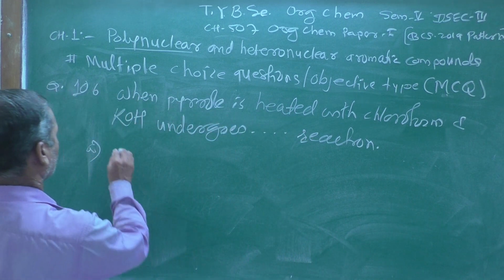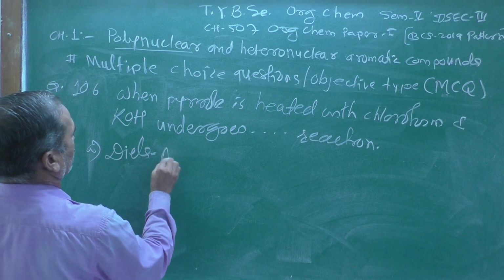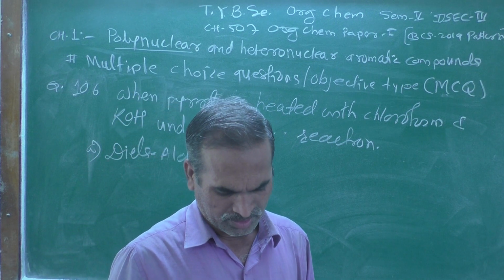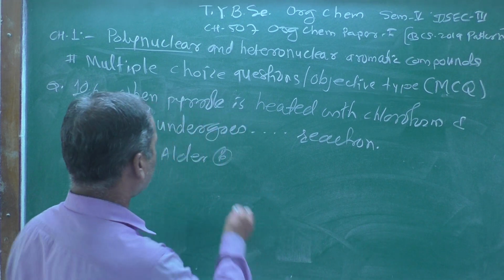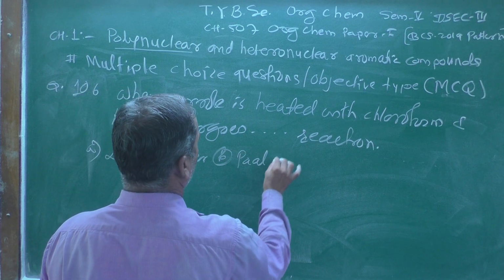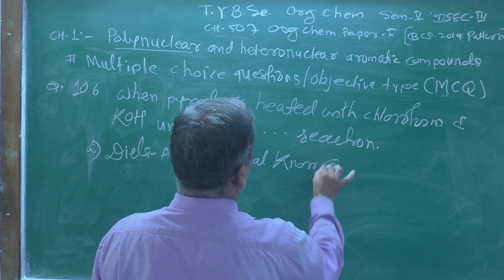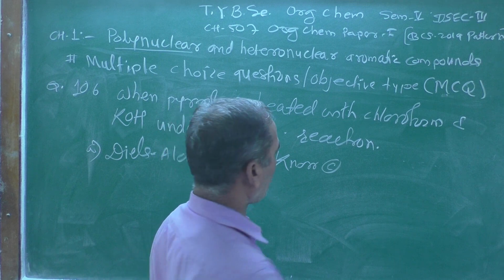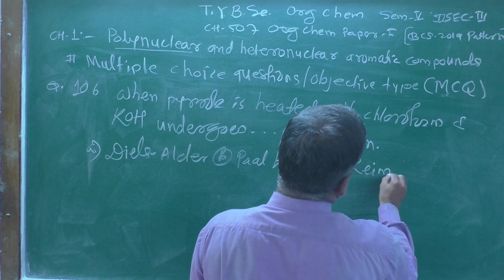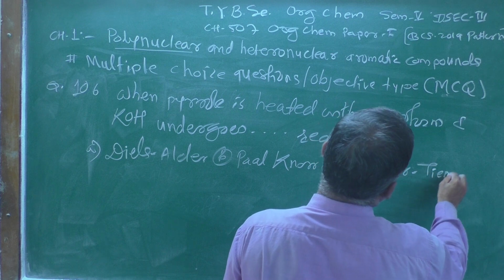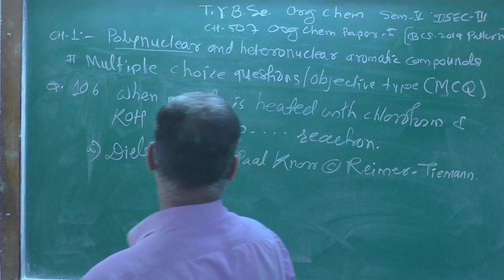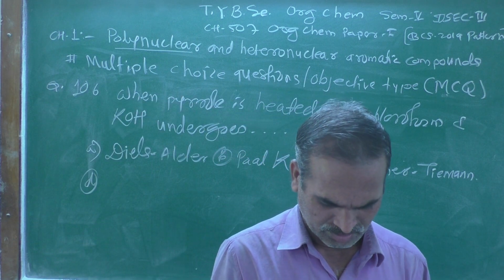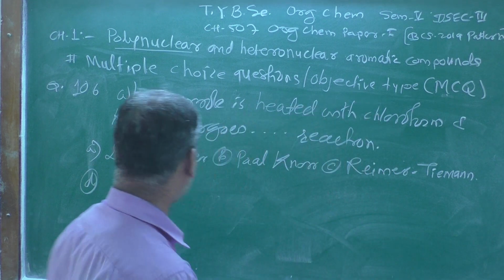A is Diels-Alder, B would be Paul-Knorr, and C would be Riemer-Tiemann, and D is Friedel-Crafts.